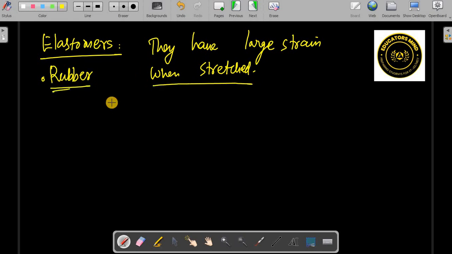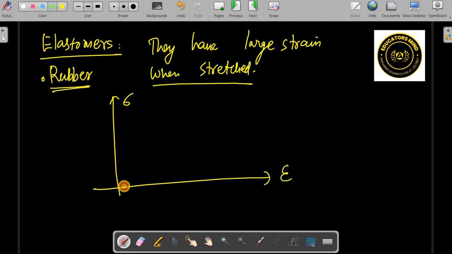Example is rubber, and the stress strain graph is like this. So any objects which are elastomers have this type of graph.